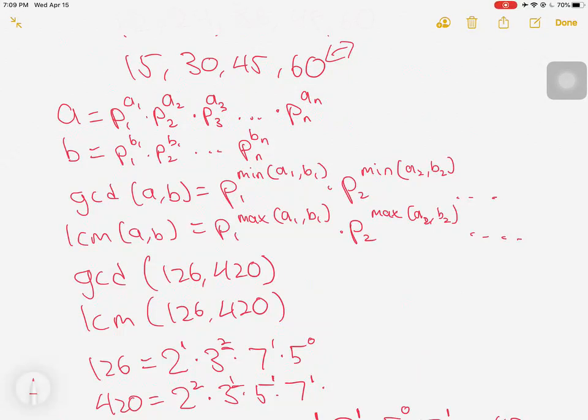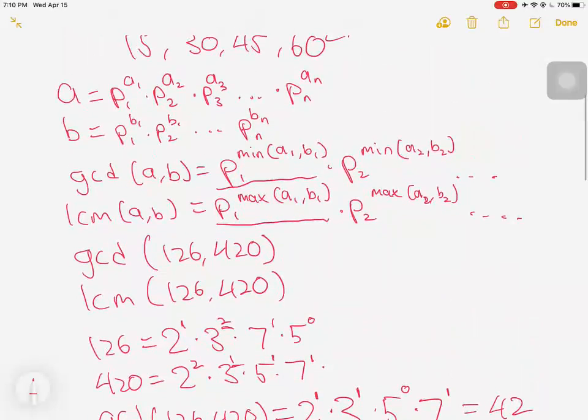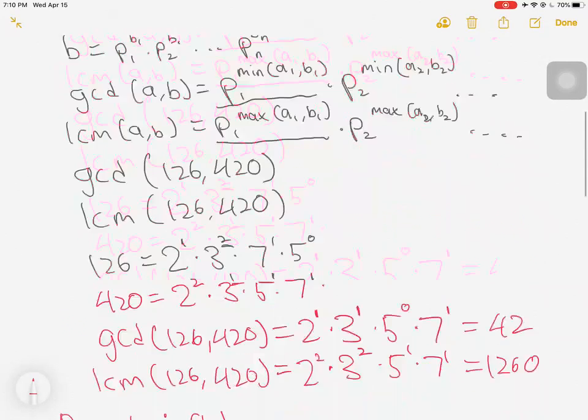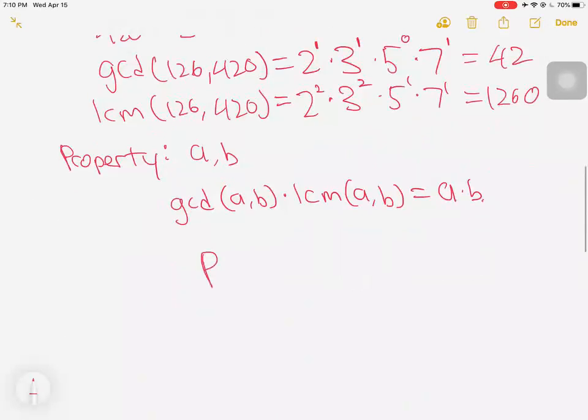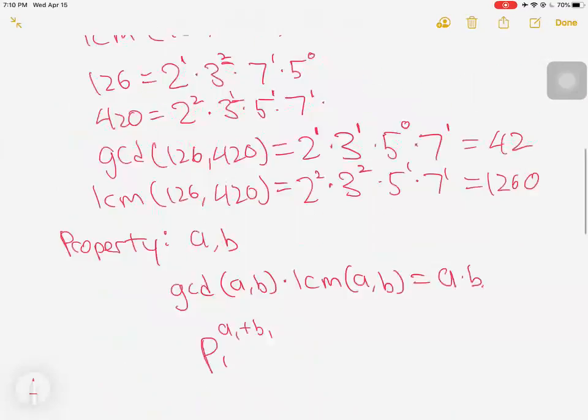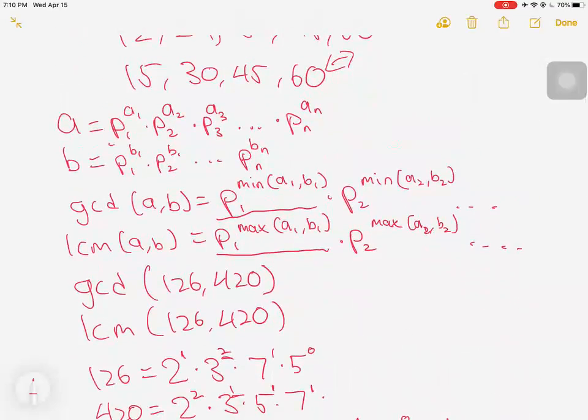So when we multiply these two terms together, since one of them is larger and one of them is smaller, we always get one of them as A1 and the other as B1. So when we multiply them, we simply get P1 to the power of A1 plus B1. And on this side, AB, when we multiply them, we get the same exact thing.